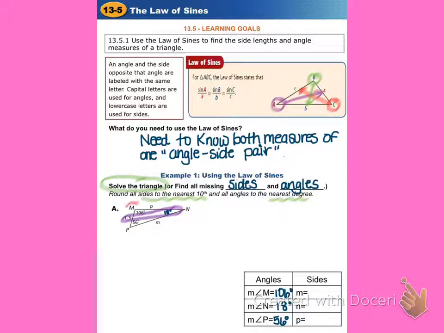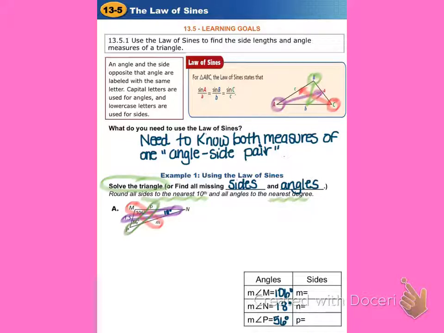Okay, so then I've got this pair, angle M and side M. And then I have a third pair, which is, let's see if I can grab another color, angle P with side P. And some triangles, especially like this one where it's obtuse and has a very large angle stretched apart, it's sometimes not really clear unless you draw a little arrow or circles or whatever to see which angle goes with which side. So this makes it very clear.